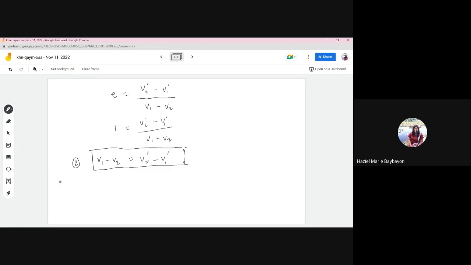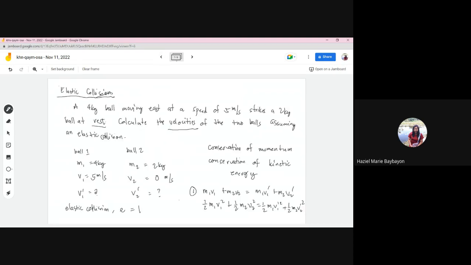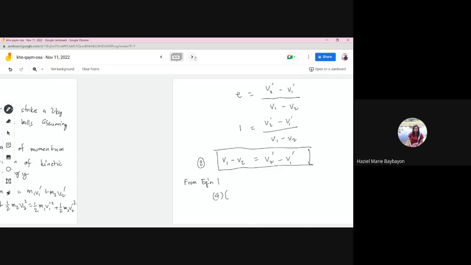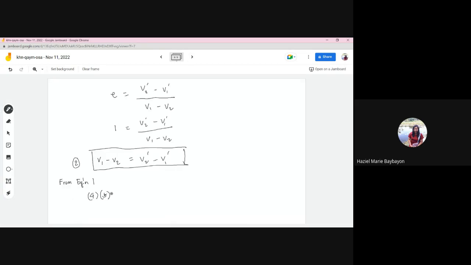So from equation 1, we have m1, do you remember m1? It is 4. m1 v1, we put the velocity of v1, 5. 5, ma'am. Okay. So 4 times 5 plus 2 times 0, since it is at rest, equals 4 V1' plus 2 V2'.